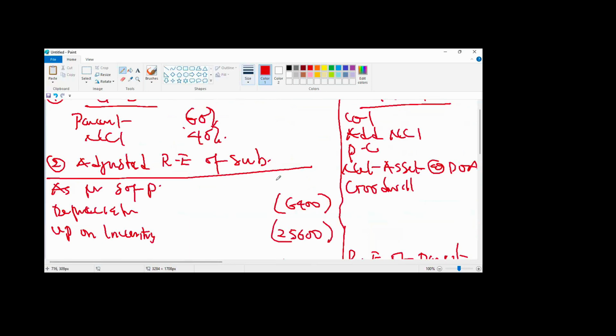As per SOP, what was the return of the subsidiary? $208,000. Consolidated inventory now.